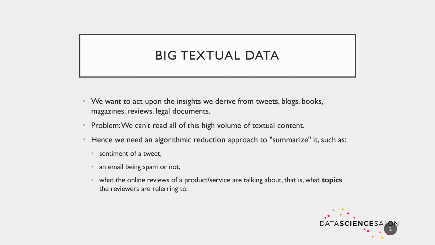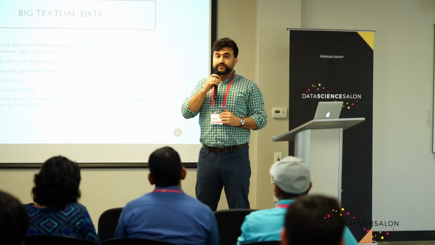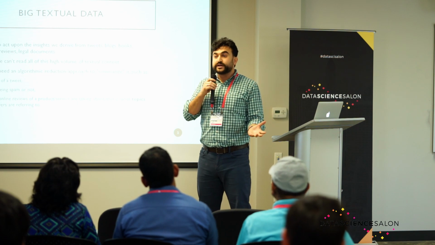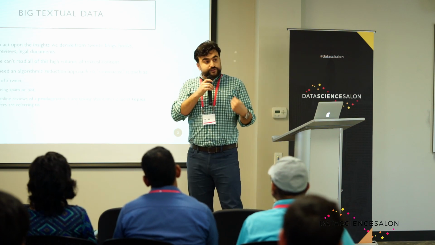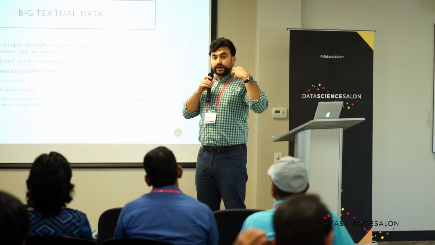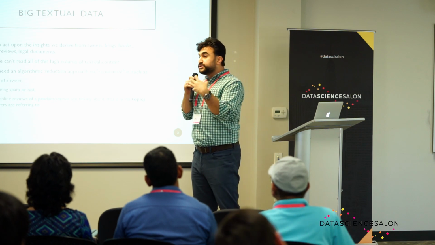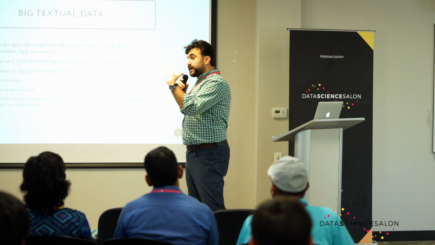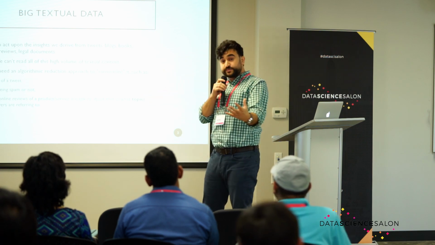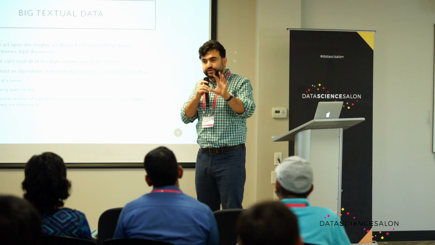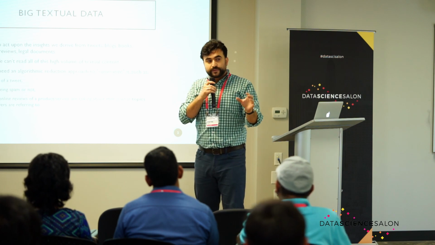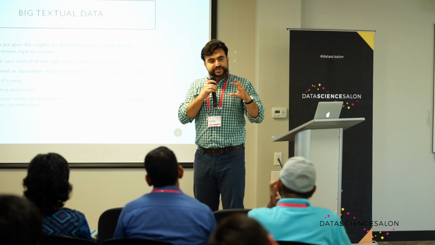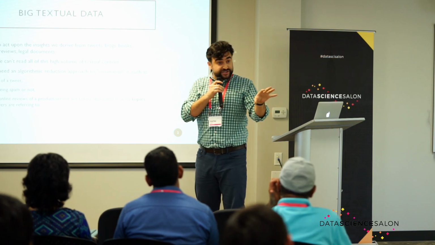So we want to act upon the insights we derive from that text data. But the problem is we can't read all of this data. It's too big. That's why we need an algorithmic reduction technique so that we can reduce any text document that we see into insightful characteristics, such as the sentiment of a tweet, right? I don't have to read each tweet that people tweet about my product. What I need is the average market sentiment at a location maybe, right?